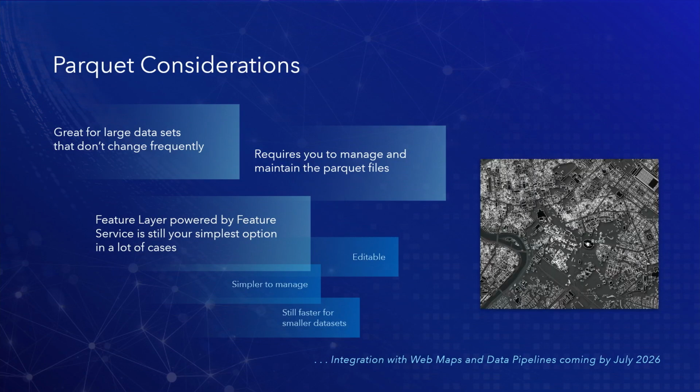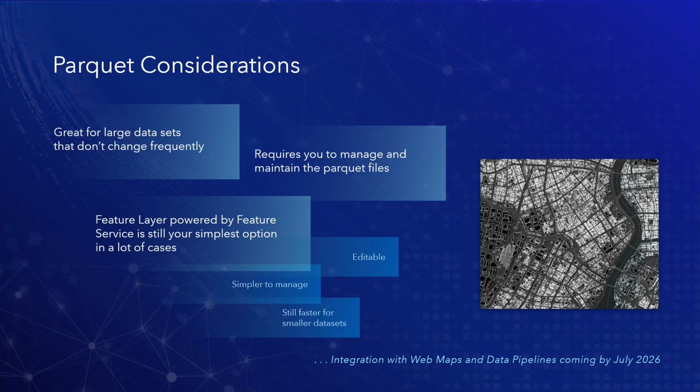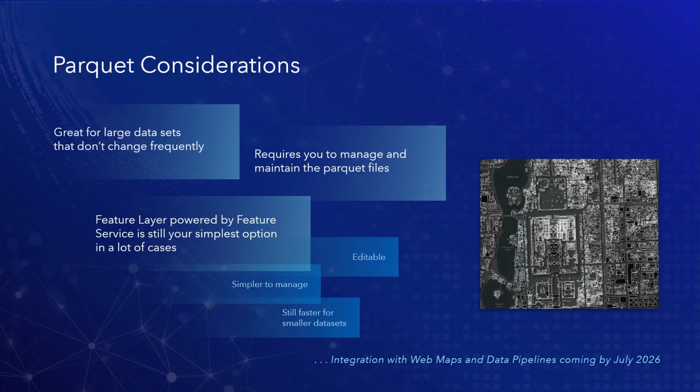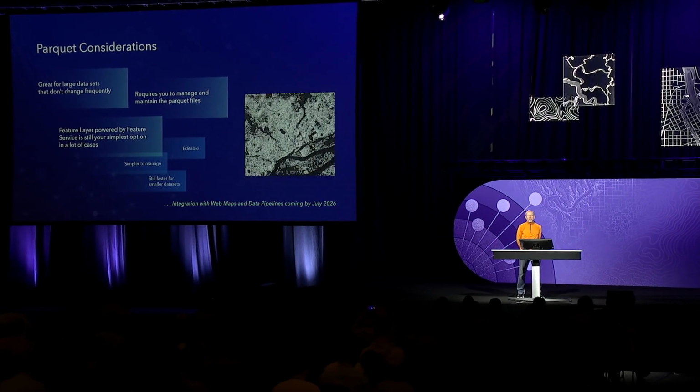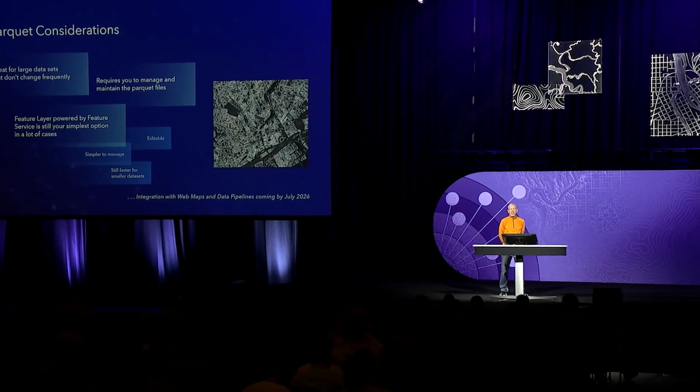In most cases, feature layers powered by feature services are still going to be your best solution. Feature layers are editable. Feature layers are easy and simple to manage. They're scalable. And for most data sets, they're still the most performant option. As for Parquet, look for future Web JS integration this summer.